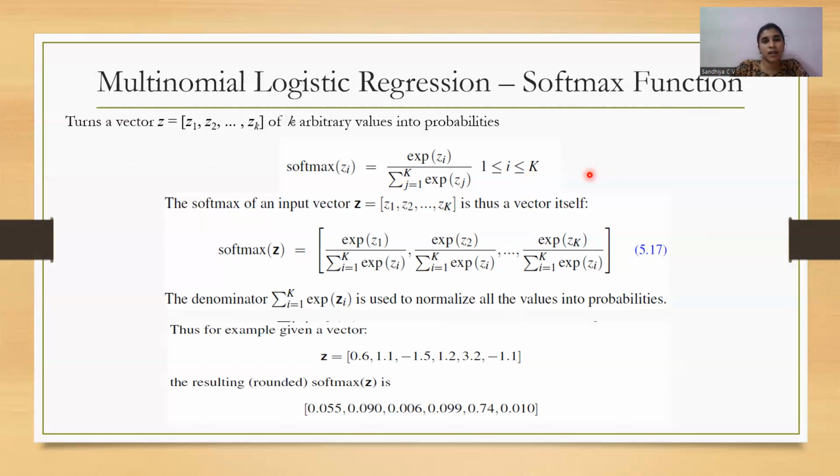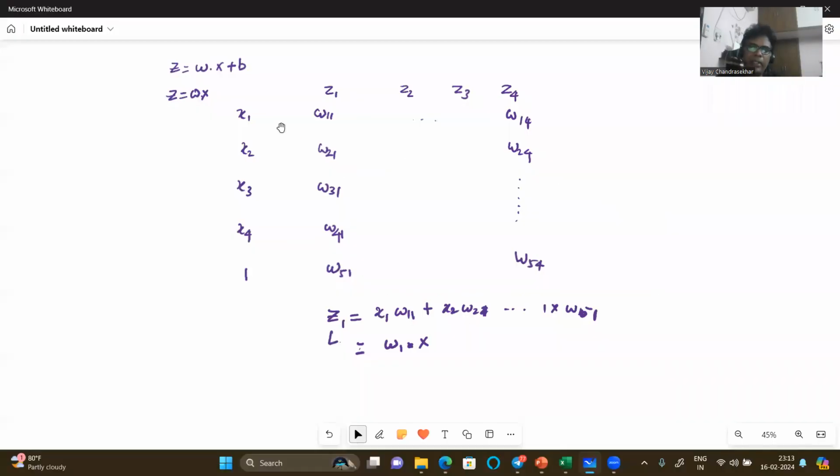Here we are considering exponential of Z1, which means we are taking one data point, divided by the total summation, which will also include the term exponential of Zi. Is it that many data points, or are we just taking one data point here? When I say data point, it's the same set of x1, x2, x3, x4, and 1.